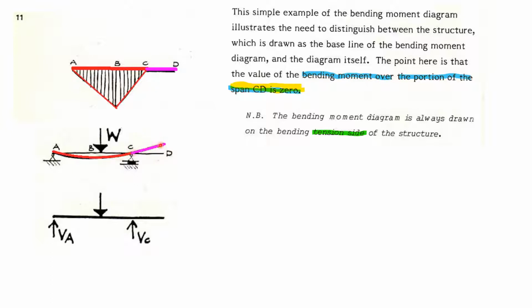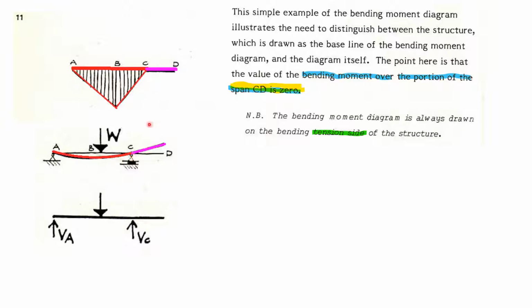That means CD does not have any bending, because the same anti-clockwise slope at C continues here, so it remains straight. So there is no bending moment in this portion CD. The bending moment is only between A and C. That portion has the bending moment.